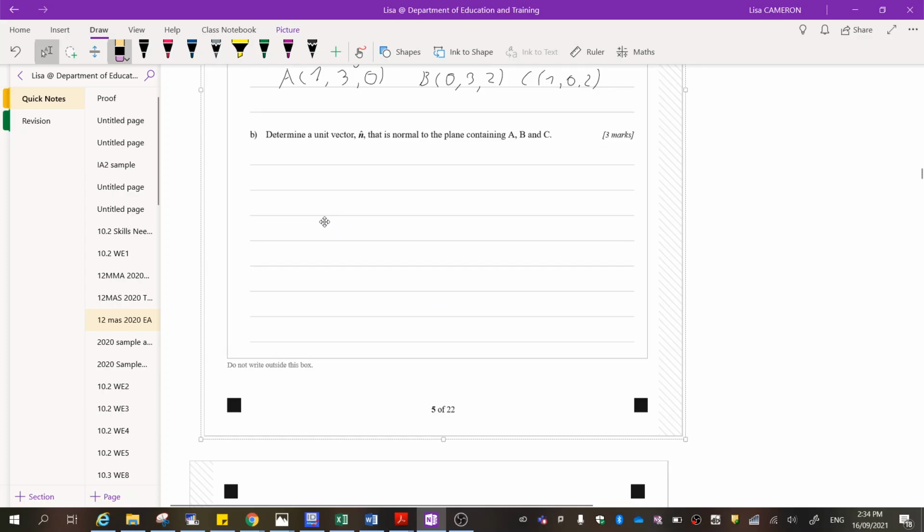Okay. Now for the next part of the question, part B, we'll need to find the unit vector n with the little hat on top.